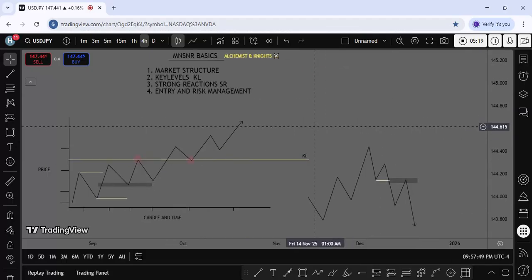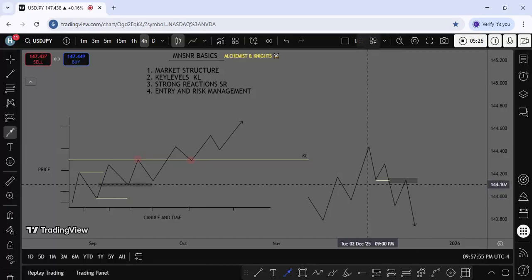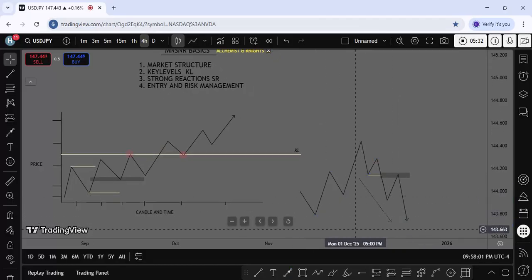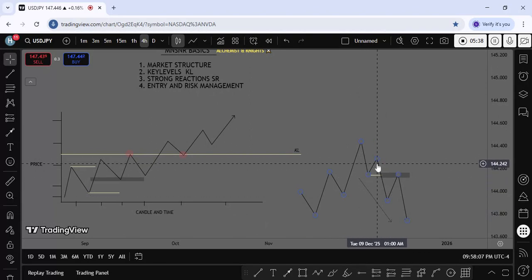While in a downtrend, such as from a range like this, we are in a downtrend. So in this downtrend, the market gives us a lower low and a lower high.